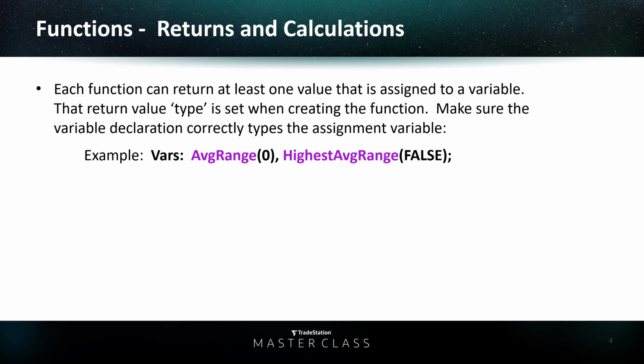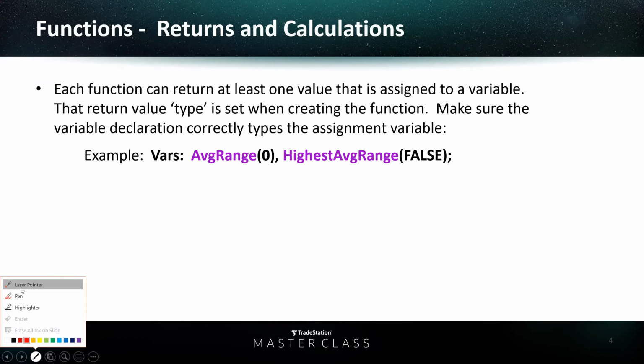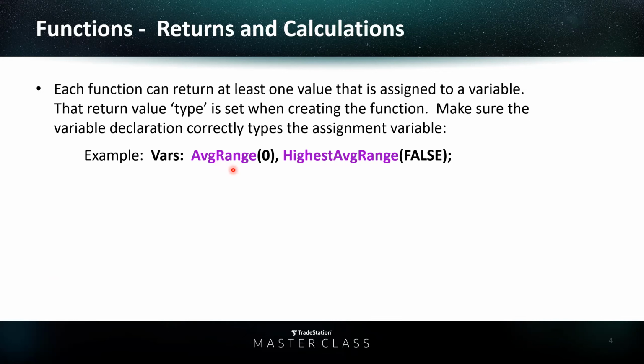So here are some examples, like variables. Average range is initialized as a numeric variable. Let's see if I can turn my laser pointer. So you can see right here, this 0 inside parentheses is what types the variable.